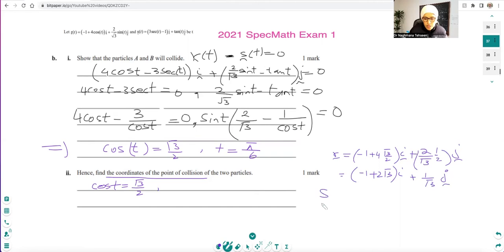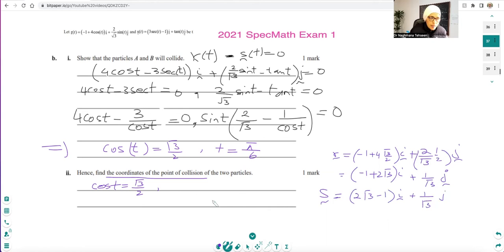Now let's see what is happening to s. That will be equal to, with t equal to pi on 6, -1 plus 2√3, so 2√3 minus 1, right? i, and then 1/√3 j.